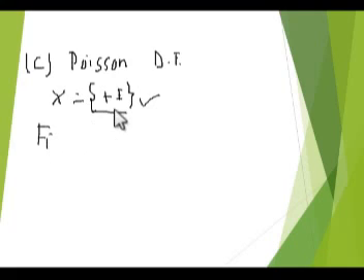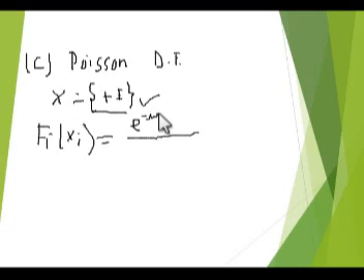So this is the difference, and the distribution function for the ith point of the random variable will be exponential e to the power minus mu, where mu is the average or mean in the Poisson distribution, times mu to the power i, divided by i factorial.